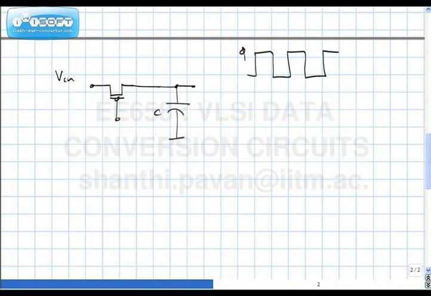An NMOS transistor is on when the gate is pulled very high. A PMOS transistor, on the other hand, is on when the gate is pulled to the lowest potential you have, which is ground. So if you still want to sample when phi is high and hold when phi is low, what you should do is connect the gate of the PMOS transistor not to phi but to phi bar, the complement of phi.